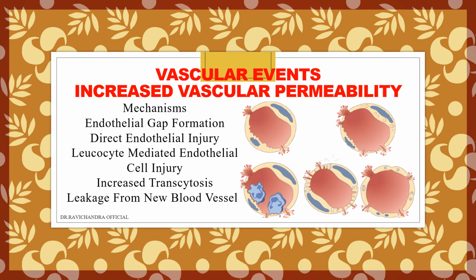Increased vascular permeability happens through various mechanisms. First one is endothelial gap formation. Then there will be direct endothelial injury, or leukocyte mediated endothelial cell injury, or increased transcytosis, or leakage from new blood vessels resulting in increased vascular permeability.